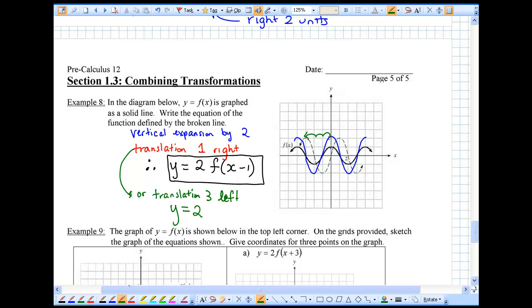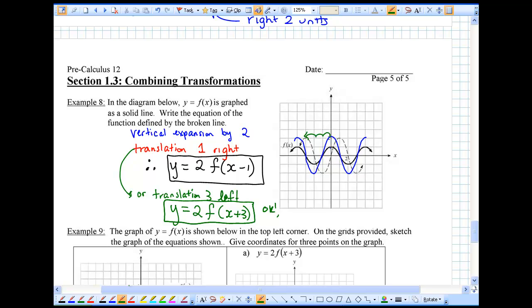Still a vertical expansion by a factor of 2, but in this case translating 3 to the left, this is also okay. Because of the nature of the graph given to you in the solid line, how it repeats itself, you'll have multiple answers when you shift things left and right. Okay. Like I said, more of that kind of stuff in Chapter 5, but nonetheless, you got a flavor of it today.